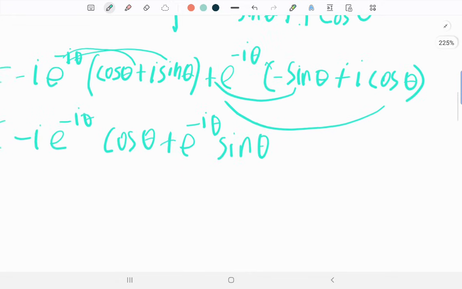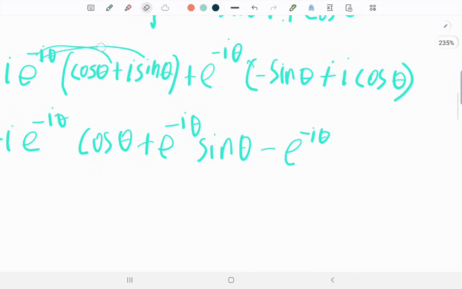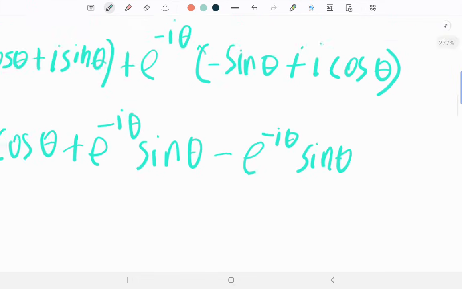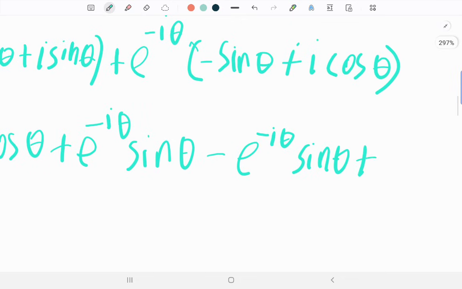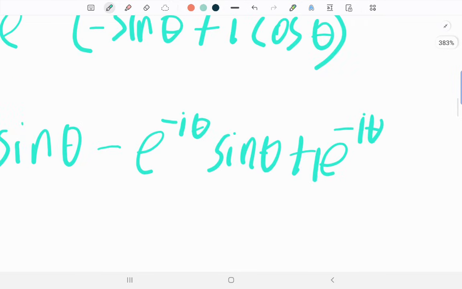And then on this side, it's negative e to the negative i theta of sine theta, which is then added to e to the negative i theta of i cosine theta.